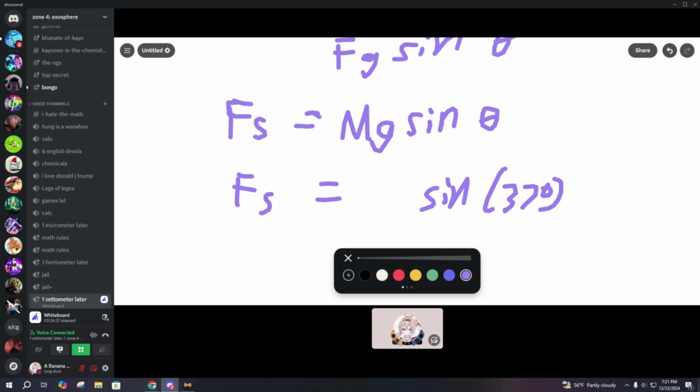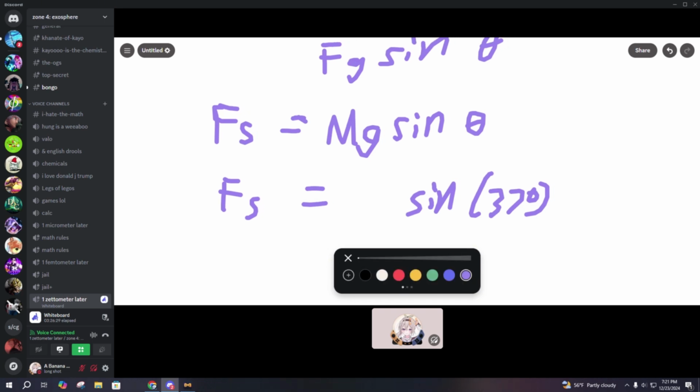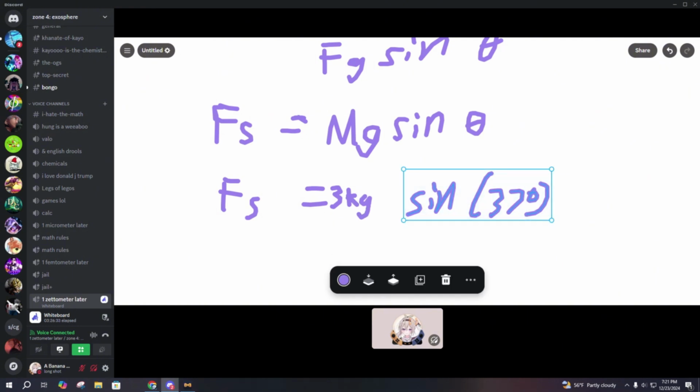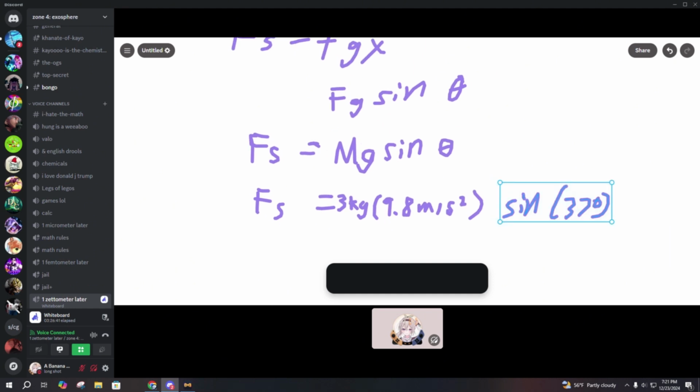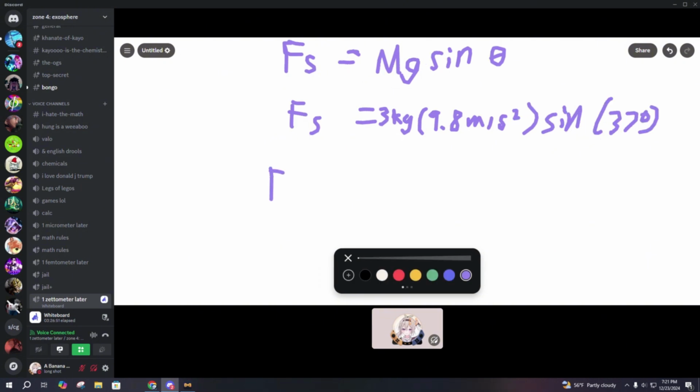Well, G is 9.8 and M is 3 kilograms. So 3 kilograms, 9.8 meters per second squared. That comes out to be 3 times 9.8 times sine 37, which is 17.69, so Fs is 17.69 newtons.